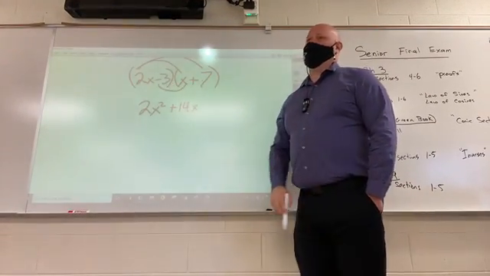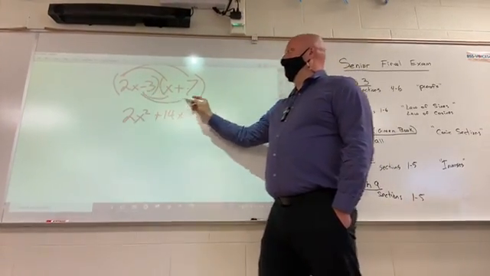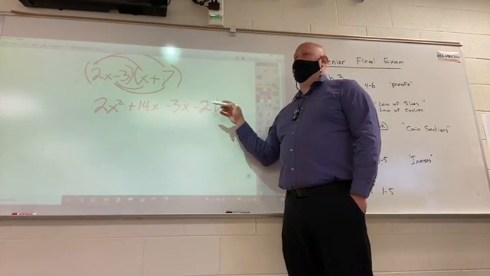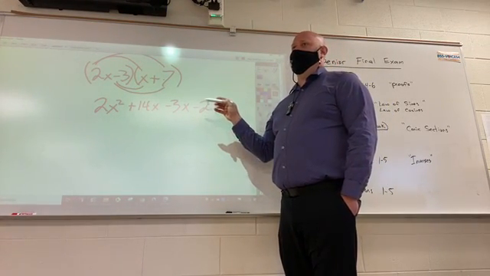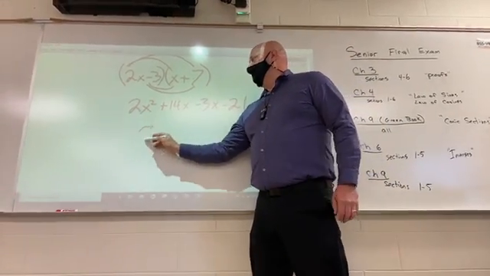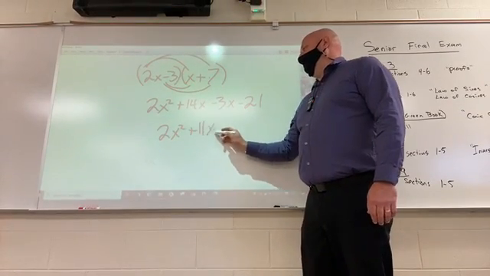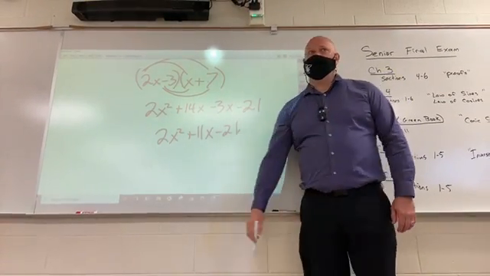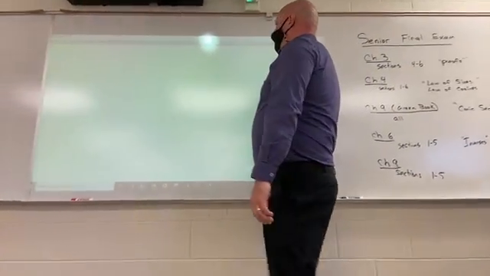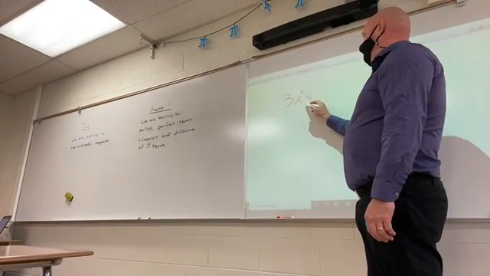Negative 3 times x, negative 3x. Negative 3 times 7, negative 21. Am I done? No, because now I can combine like terms. I'd still have the 2x squared, but I'd have 11x's. Probably one of the ones I've seen you guys struggle the most with.